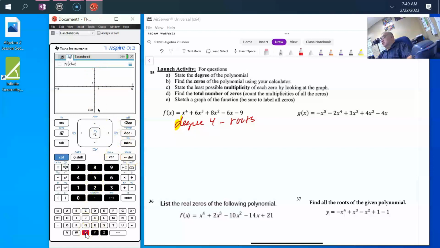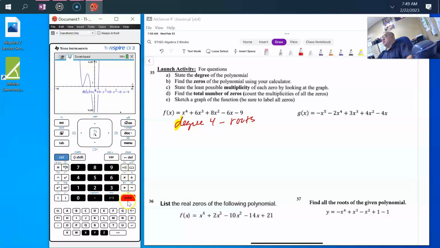So I have x to the power 4 plus 6x to the power 3 plus 8x squared minus 6x, and then minus 9.